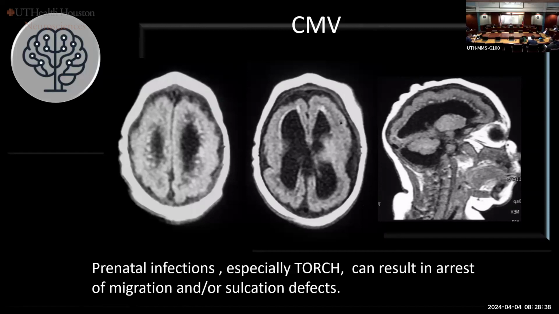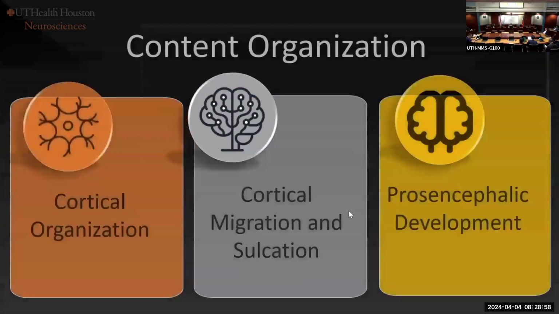You're going to see the cobblestone appearance. When you see them in life, the brains of the kids that have this look like little cobblestones in the under sulcated brain, and they're also called Schizencephaly. They figured out these are completely different diseases, but they're both extremely under sulcated brains. So remember that and be ready for that.